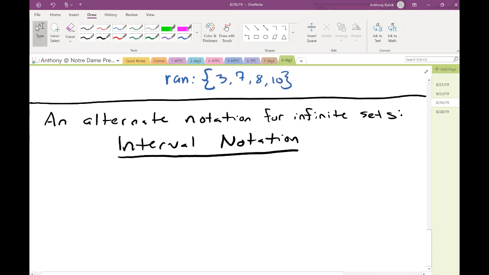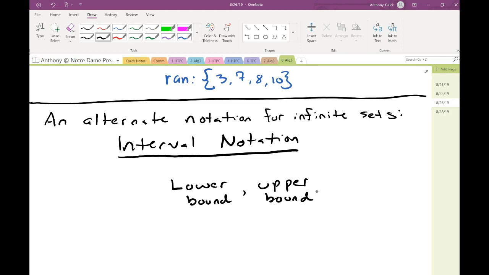And what interval notation looks like is a lower bound, comma, and then an upper bound. And we'll talk about what I mean by lower bound and upper bound in a moment.